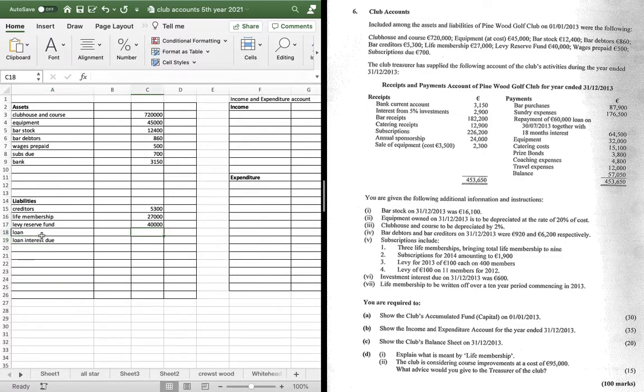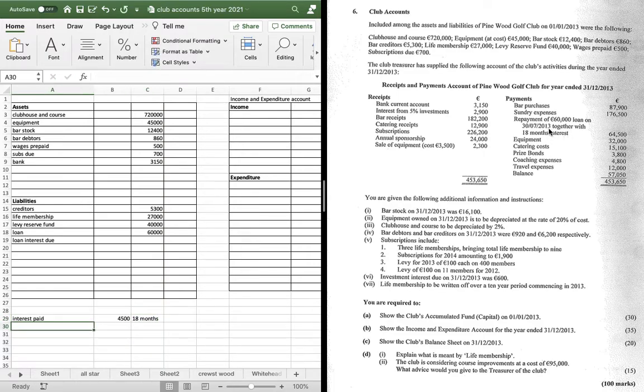So the loan is 60,000, and we work out the interest. So if you look at the question, you repaid 64,500. So the interest paid in total is 4,500, and that was for 18 months.